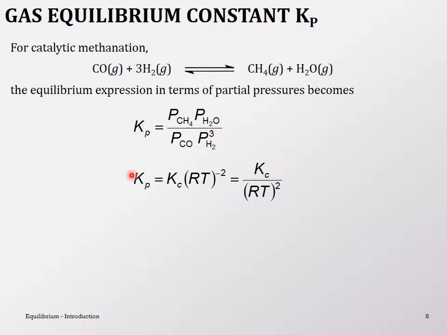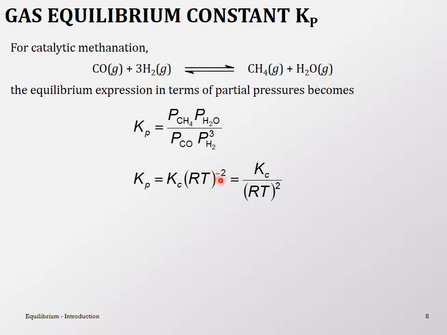And then to change it into Kc, Kp is equal to Kc times RT to the delta n. And why is this minus 2? Because this is 1 plus 1 minus 1 and then 3 over here, so that means 2 minus 4, which means this becomes minus 2.